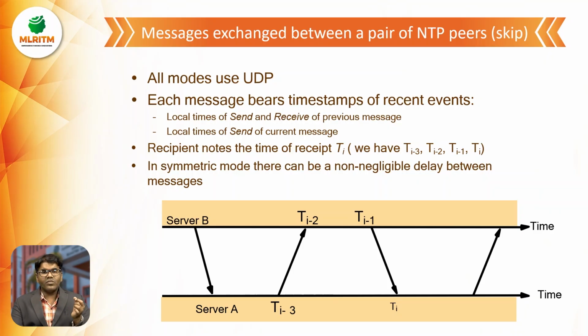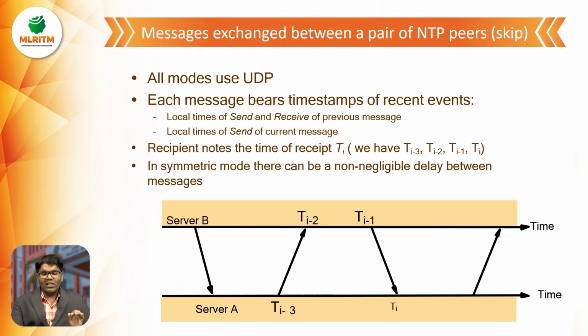So the receipt notes the time of receipt, Ti, where we have the timestamps Ti-3, Ti-2, Ti-1, Ti.